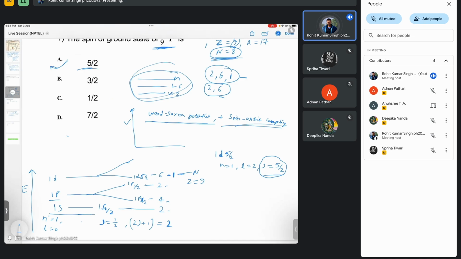This splitting is there because of this potential, and this potential is because of the rest of the nucleus other than the one that you are talking about.